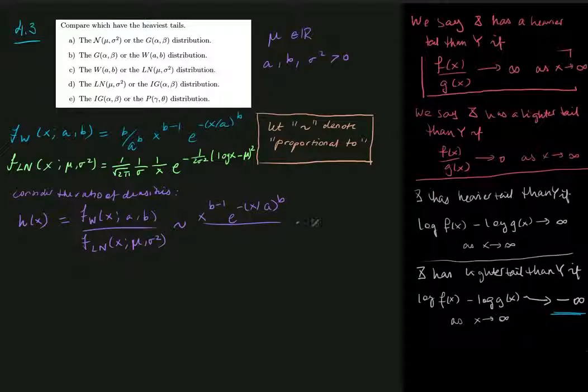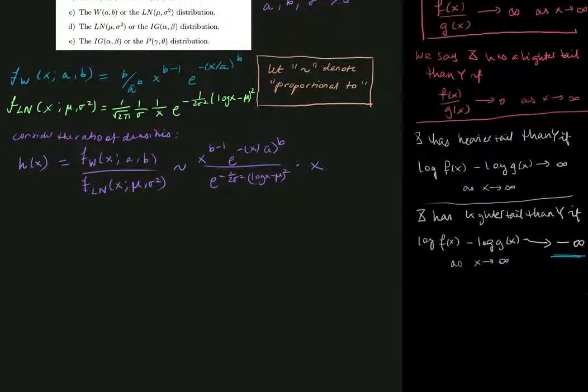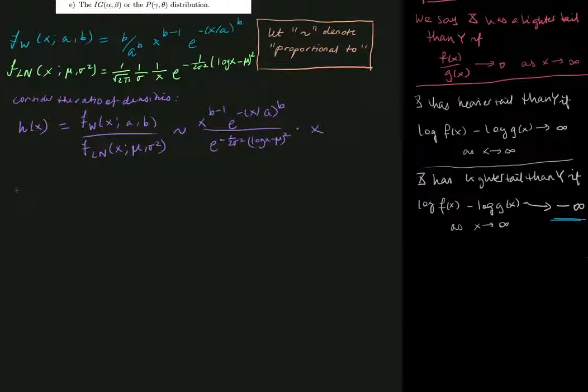And what we can see here is I divide by 1 over x, so that's the same as just multiplying by x. And down here I have e to the minus 1 divided by 2 sigma squared multiplied by (log x minus mu), then take this and square it. Okay, so again we notice that I have two exponential expressions, so the smarter way to do this would be to take the logarithm of the ratio and consider the limit of that instead.